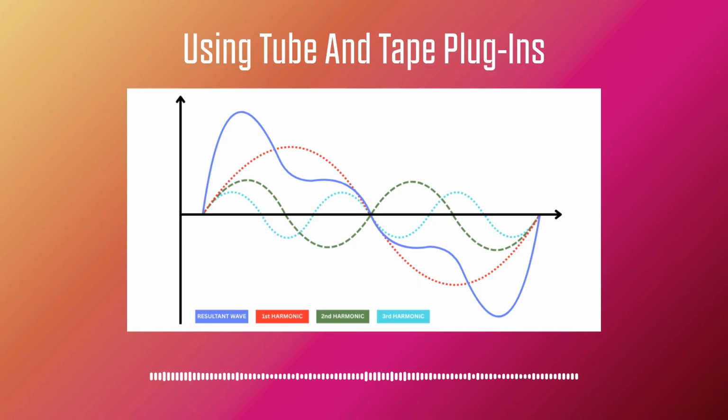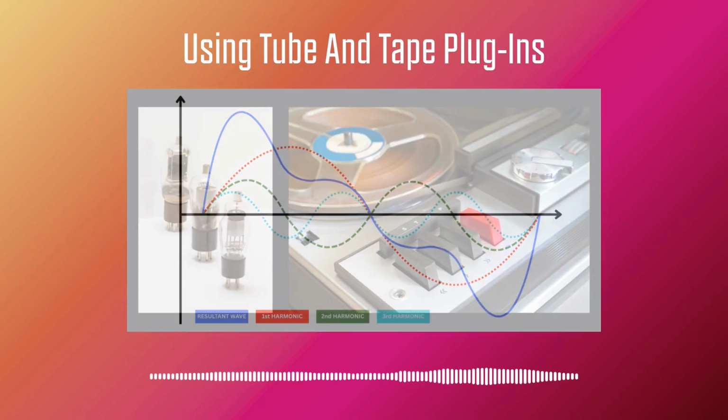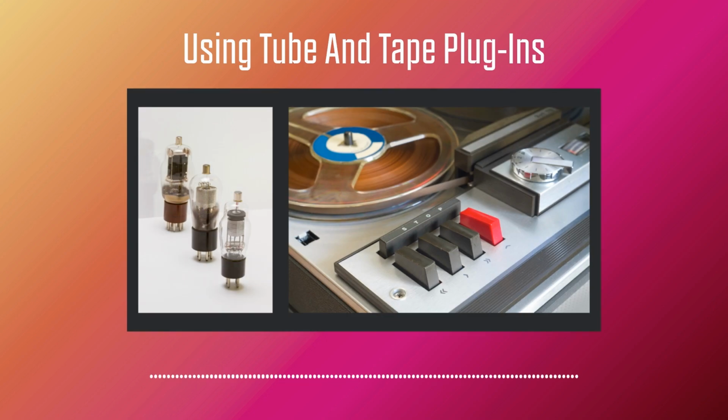The type of distortion and how it is generated is integral in understanding what color or flavor will be achieved using the various types of distortion processes we have available today. And the two topologies I use above all others are tubes or valves and tape.